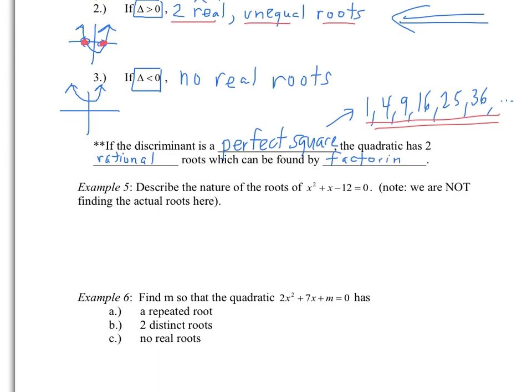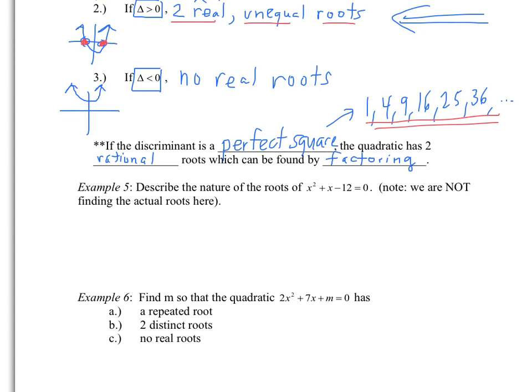So this is often helpful. If you find your discriminant, your b squared minus 4ac, and it's a perfect square, you're not wasting your time trying to factor it. If you get something like 25, I know it's factorable. Whereas if you get 26, that's not a perfect square, so I'm going to have to use the quadratic formula or a different technique.